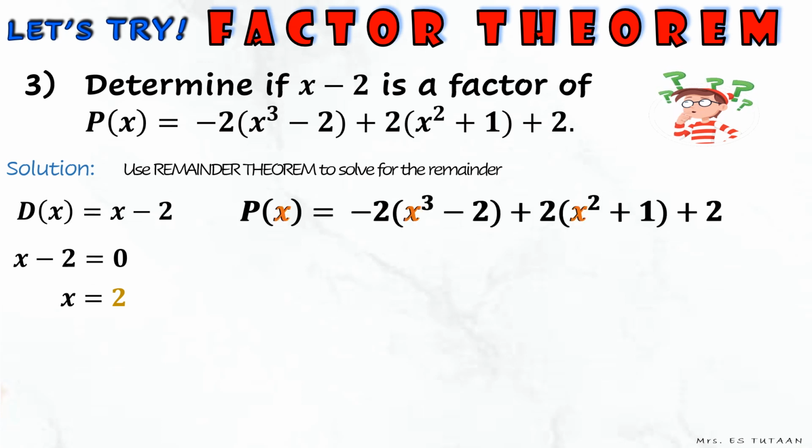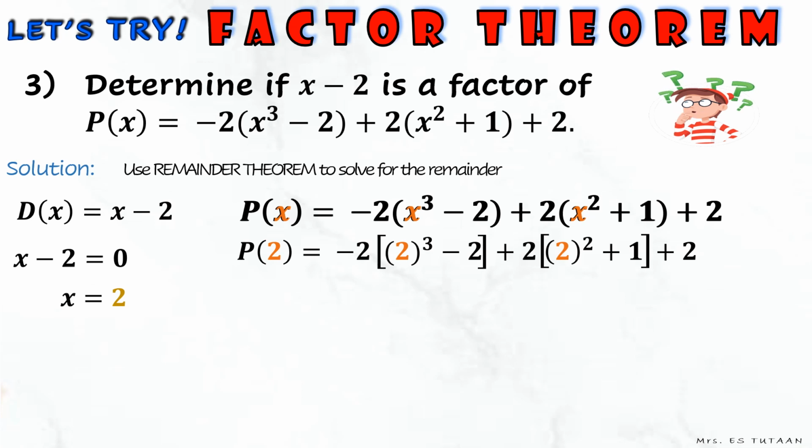So p of 2 is equal to negative 2 times the quantity of 2 cubed minus 2 plus 2 times the quantity of 2 squared plus 1 plus 2. Then we simplify the exponents first. That will give us 8, and 2 squared is 4.